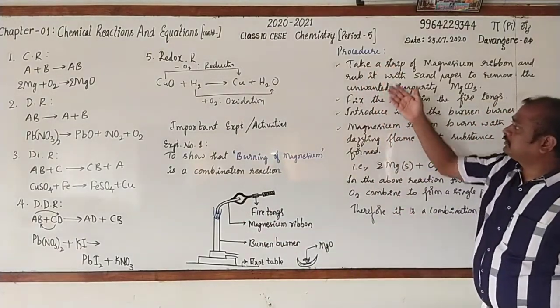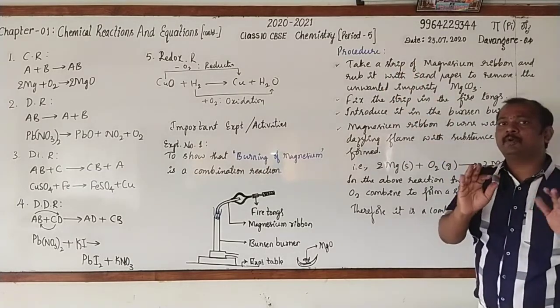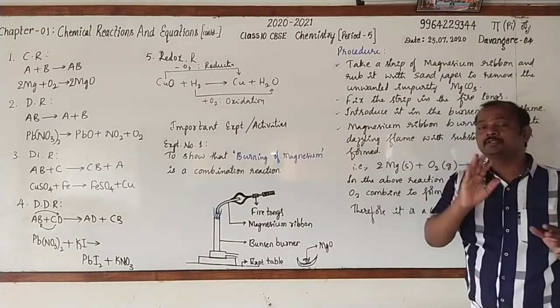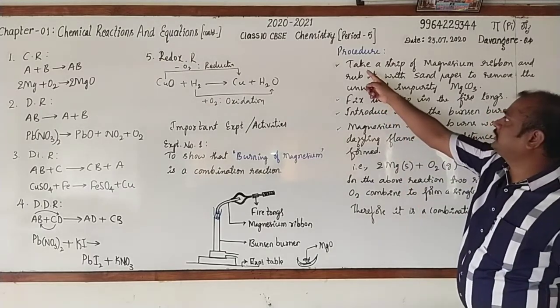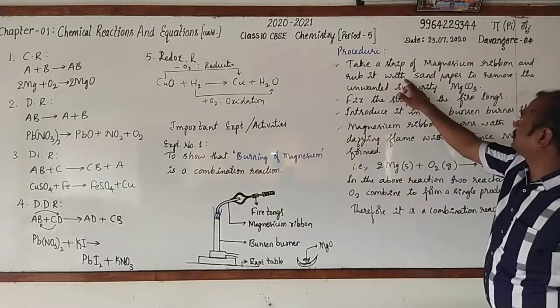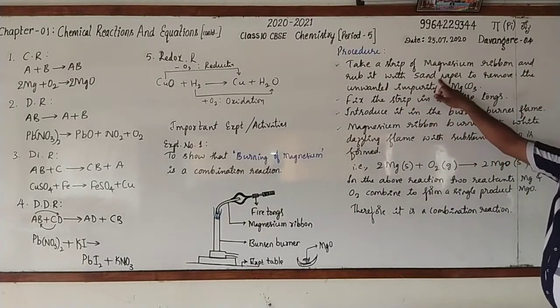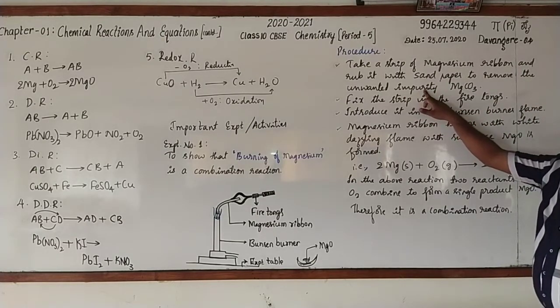Here I have written the procedure. Just go through, and it has been written point wise clearly. Please, you have to copy like this only. Okay. So the first point is, take a strip of magnesium ribbon and rub it with sandpaper. You know the reason, to remove the unwanted impurity. What is that?